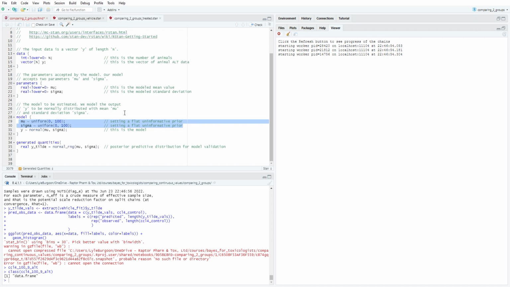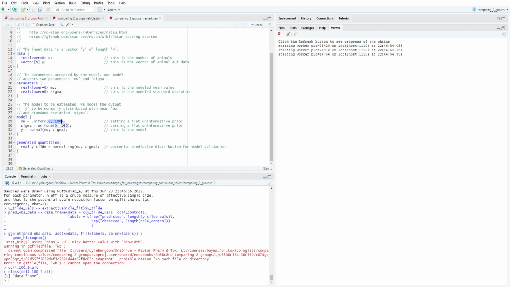When I started looking at the results, it made very clear that no, this was a horrible model, and no, it did not validate well at all. When you have that, usually the first thing you do to fix it is to give it a better sense of where the priors are. I'm still using a flat uninformative prior, but I'm saying mu is going to be somewhere between 0 and 100.